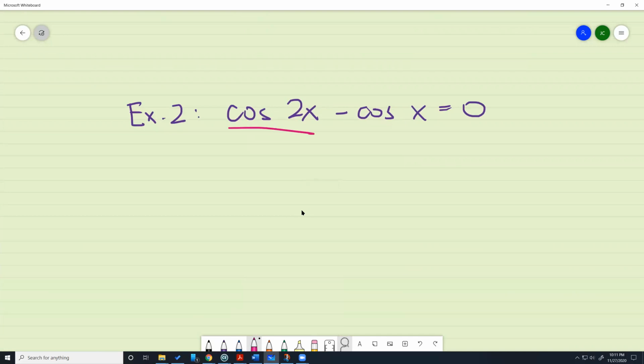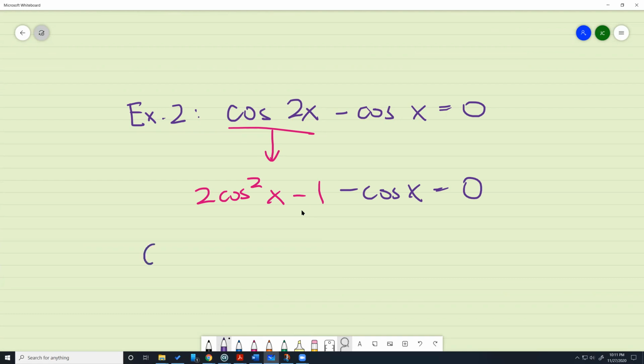So I'm going to substitute: 2 cosine squared x minus 1 minus cosine x equals 0. This works out nicely. You can tell now it's already equal to 0. Then you can just go ahead and factor it by GCF. Oh wait a second, I'm just kidding. No, I am not.